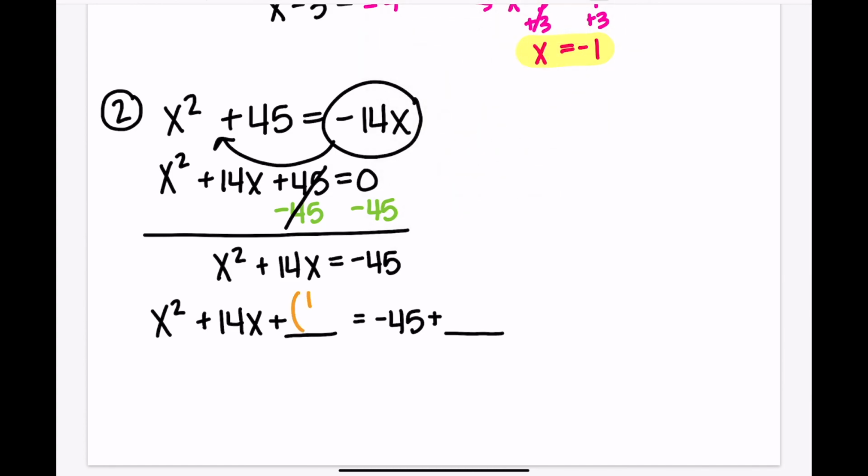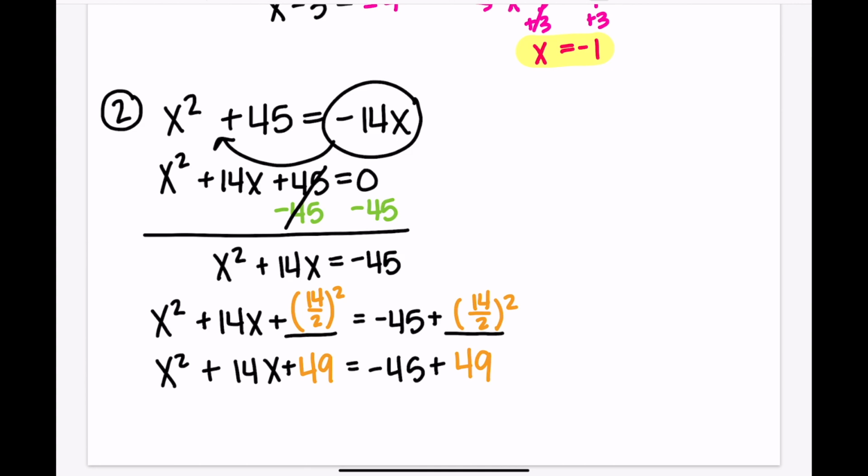So 14 over 2 squared. All right, 14 over 2 is 7, and 7 squared is 49. So just to show you that simplified, that's x squared plus 14x plus 49 equals negative 45 plus 49.